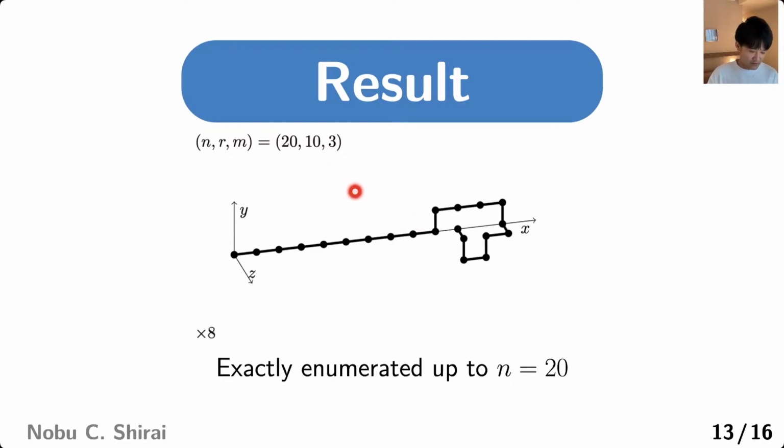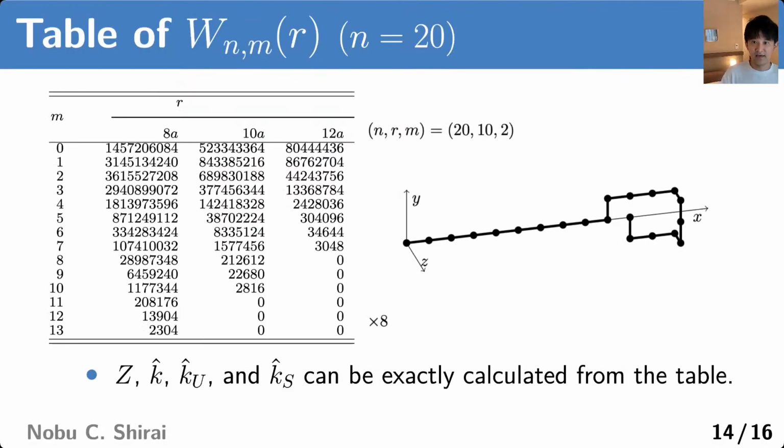From now on, I want to explain the result for the n equals 20 case. We also did the same exact enumeration and got this table of numbers, and from these numbers we can calculate the partition function, the stiffness, and the decomposition into Ku and Ks.